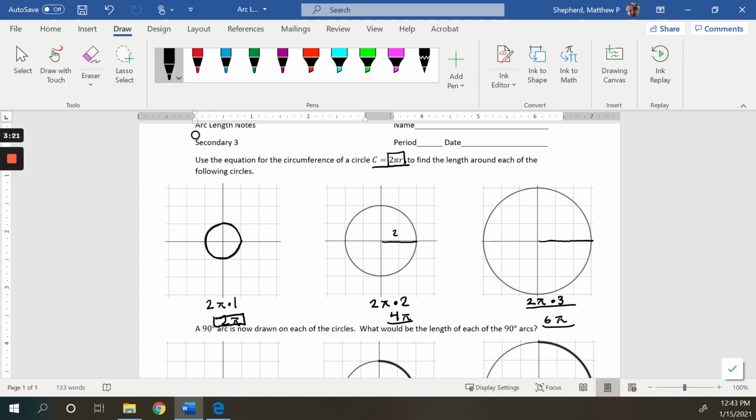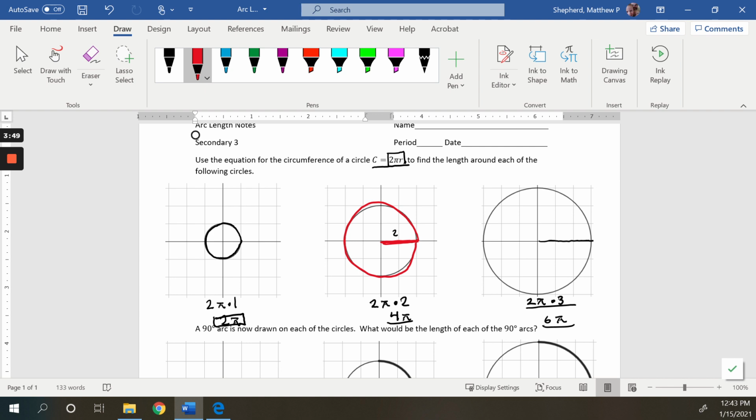So by changing one dimension, the radius, we change the other dimension, the length around the circle, by multiplying by that same amount. If the radius is twice as big, the circumference is twice as big. If the radius is 3 times as big, the circumference will be 3 times as big.